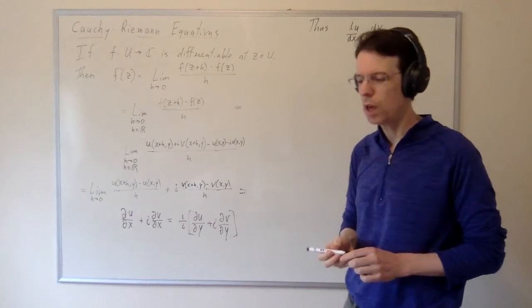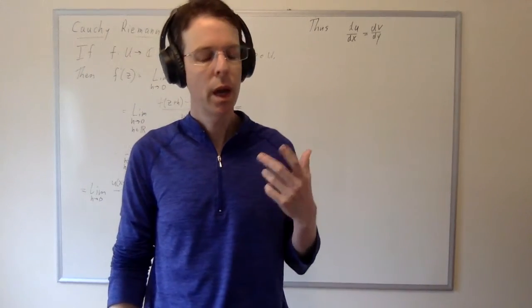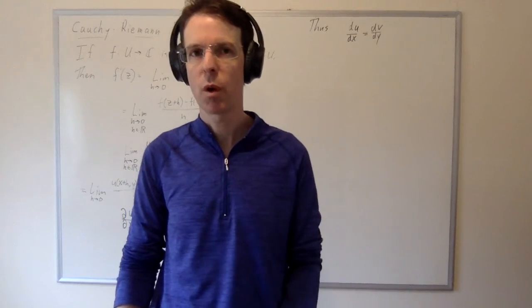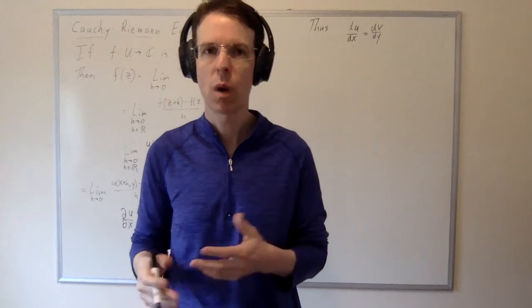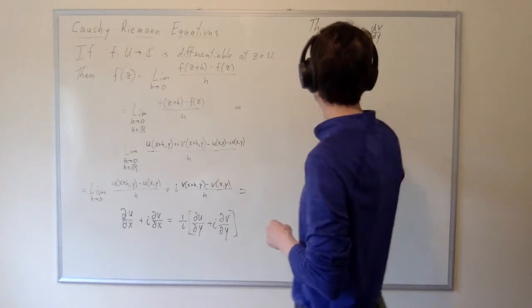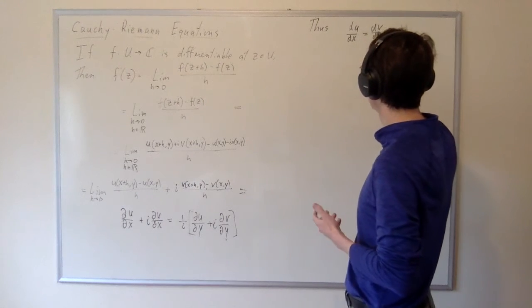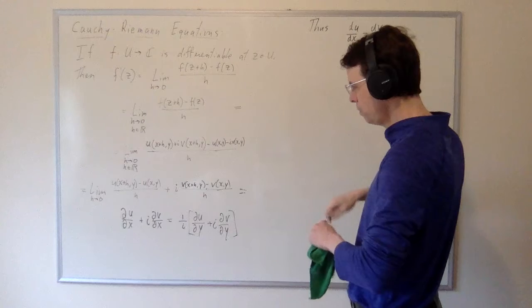Now, this is already kind of shocking, right? u was the real part of f of z, and v was the imaginary part of f of z. These looked like they were independent functions of x and y separately, but here you get a weird interrelationship between them, that the derivative of u with respect to x and the derivative of v with respect to y are equal.